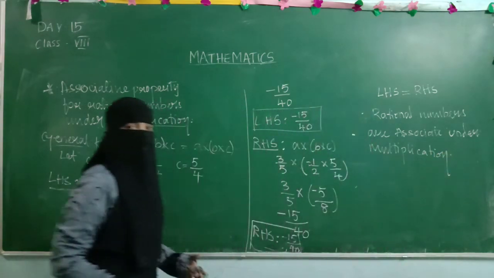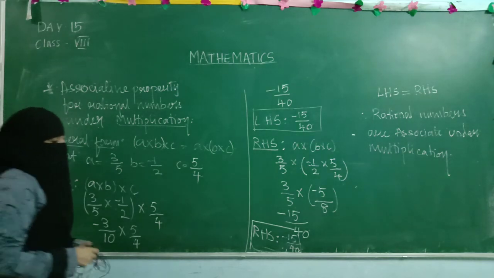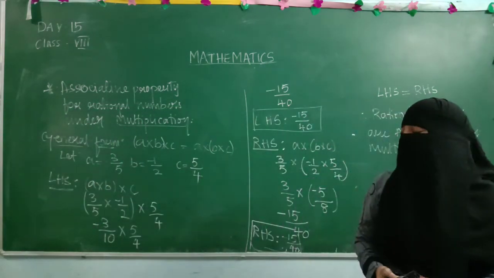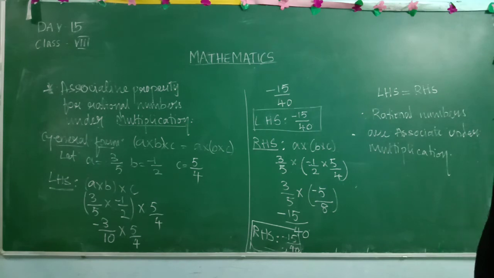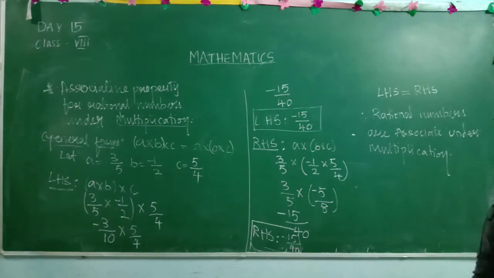So hopefully the concept is very much clear to you. Till now we have verified whether the rational numbers are associative under addition, under subtraction, and under multiplication. We have observed that rational numbers are associative under addition and multiplication, whereas in case of subtraction they are not associative.